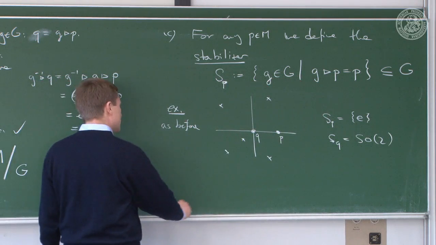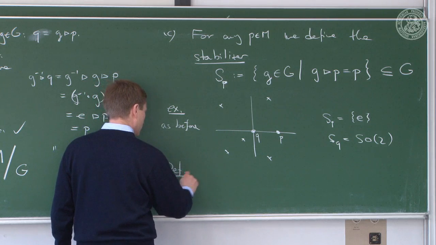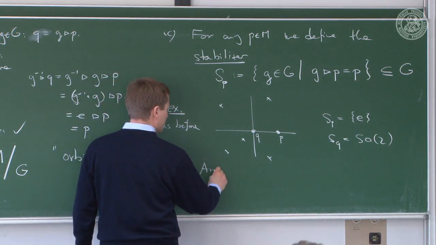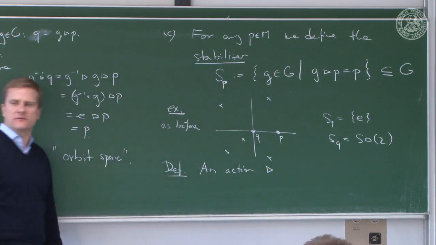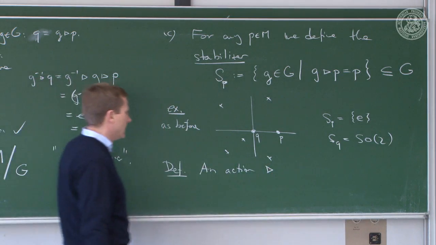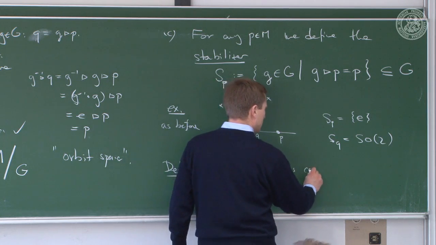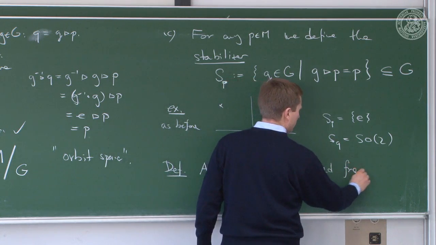Okay, so that gives rise to a definition. An action, let's say this left action, but obviously you can do this for the right actions too. An action is called free.